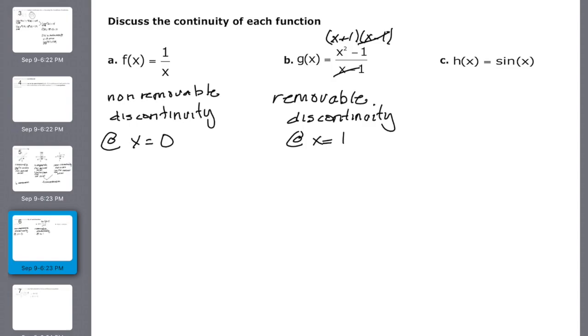As we saw on Wednesday, our sine function, in fact, is continuous everywhere. There are no discontinuities at all.